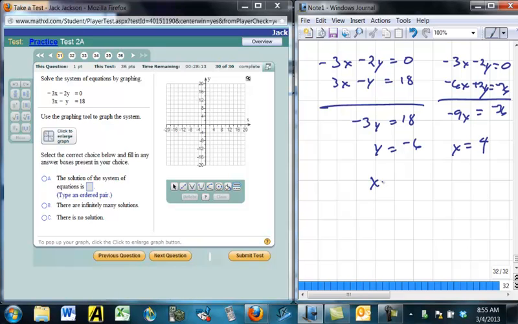So it looks like x, y should be 4, negative 6. So we'll see if that checks out here in just a minute.